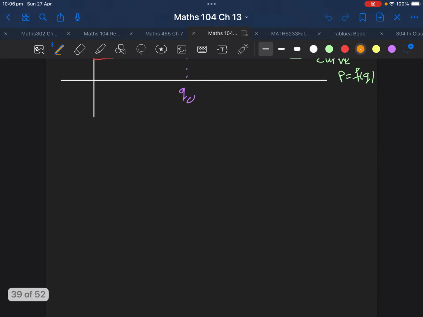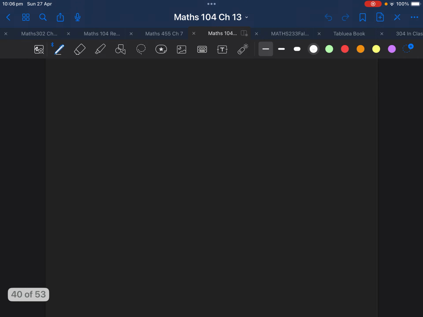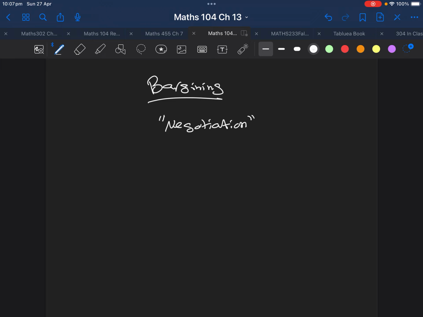Now, imagine we are doing bargaining, or a type of negotiation. Imagine you want to buy something. You go to the shop, and you are expecting to buy it for $10.